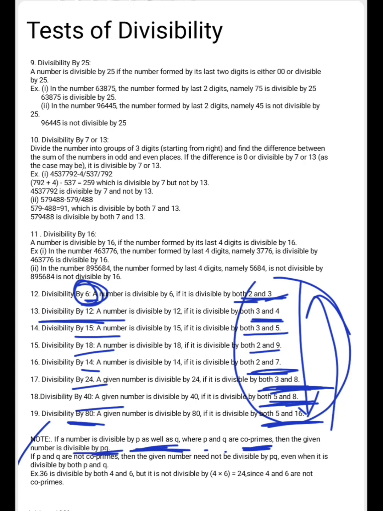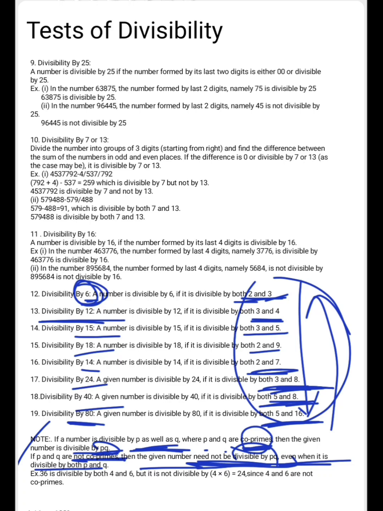If p and q are not co-primes, then the given number need not be divisible by pq, even when it is divisible by both p and q.